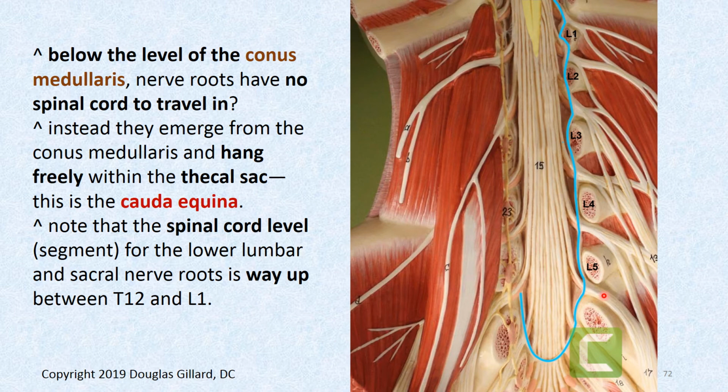It's going to be part of the sciatic nerve. But where is its spinal cord level? It's not right here. There's no spinal cord. You would think, we just saw up in the upper thoracic spine how the nerve roots come out and they drop a tiny bit and they go out their hole and do their job. That's not the case down here. These guys have to go, let's follow it.